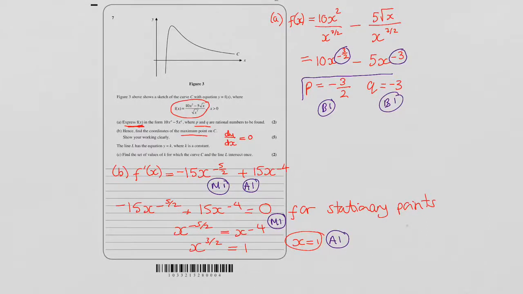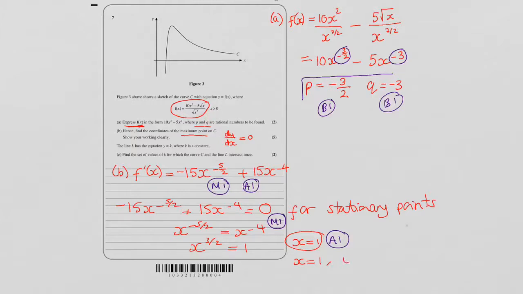And now just looking back at the question, it's saying work out the coordinates of the maximum point. Okay, well, I've worked out x equals 1. I haven't found y, have I? So when x equals 1, be very careful. You're not plugging your x back into here. If you do, you'll just get 0 out. You want the y coordinate. So you put an x back into your original f of x.